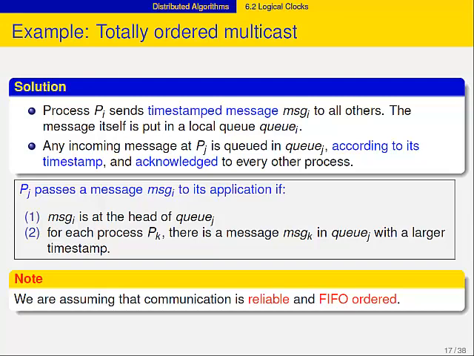But let's assume that you do not forward any messages to your application, just as a thought, okay? And that at a certain moment, everybody says, okay, I'm fed up with it, I'm not going to send any requests. What will happen, under the assumption that communication is reliable and FIFO ordered, is that you will actually see exactly the same queues at every process. For exactly the reason that you just mentioned, we will have a globally consistent timestamping of the requests that are now in the queue, right?